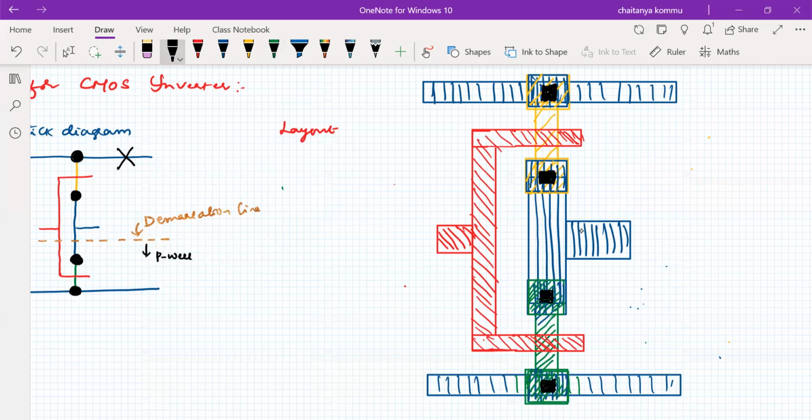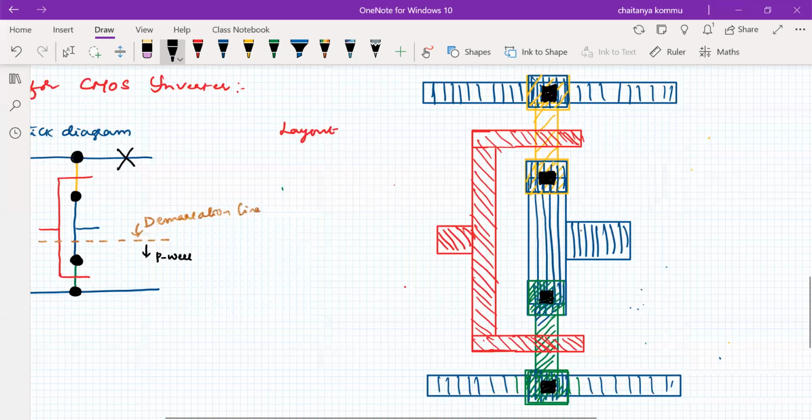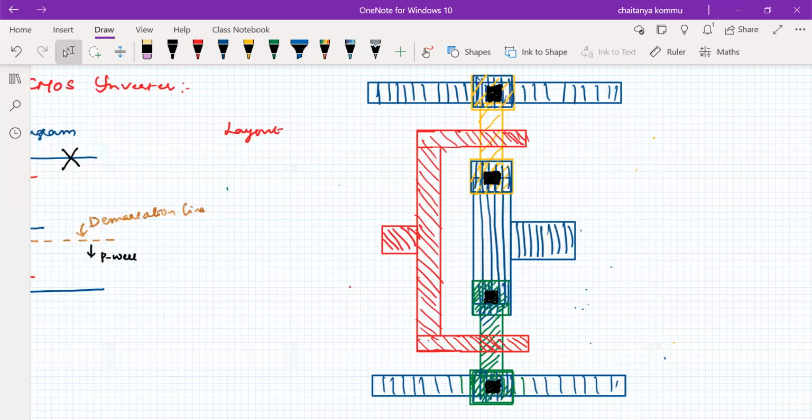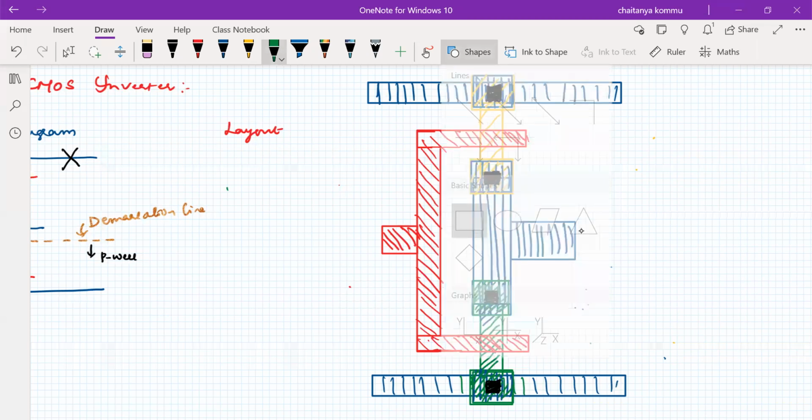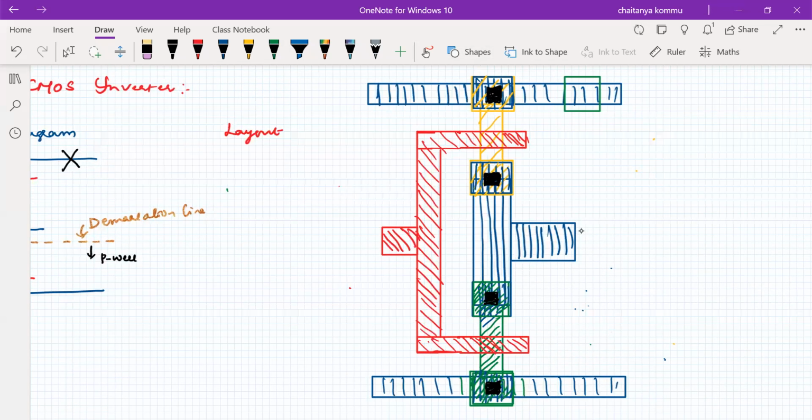So everything's perfect. Only thing is that body contacts are required. So what is the body for the PMOS transistor? Okay, yeah, body for the PMOS transistor is N substrate, right? So N substrate overlap region that I have to consider here. So here we have to consider the n body that we are considering for the PMOS transistor.